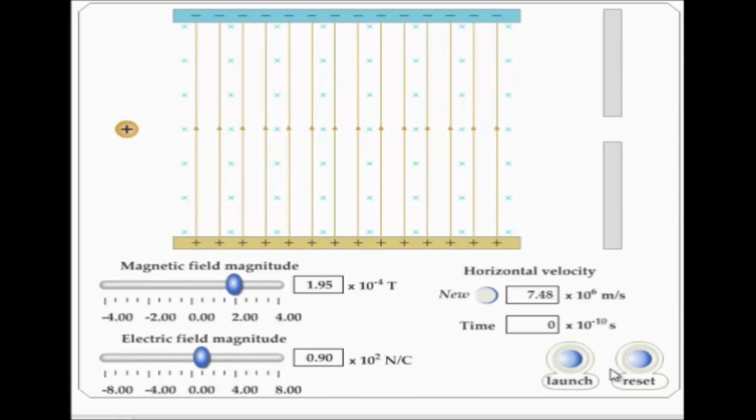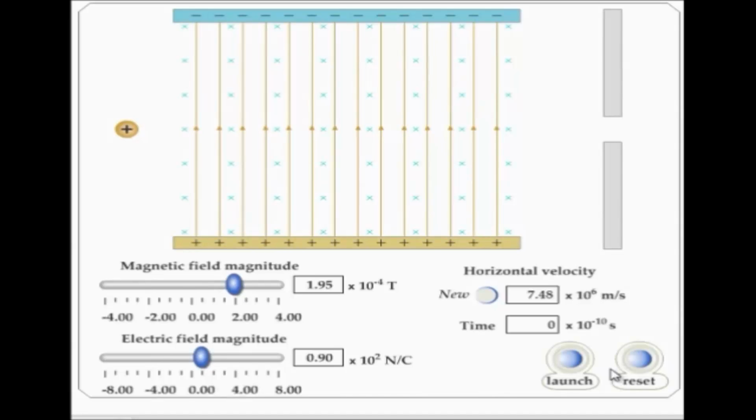Only particles with this speed can pass through the slit without being deflected by the field. The other particles, whose velocity is less or greater than the ratio E over B, do not pass this slit and stay in this region.